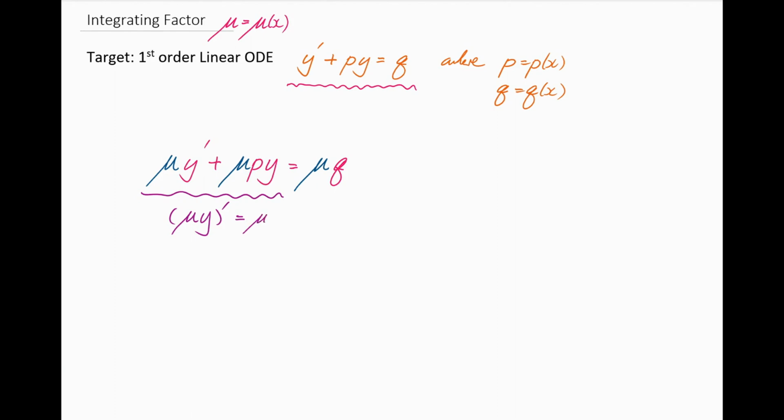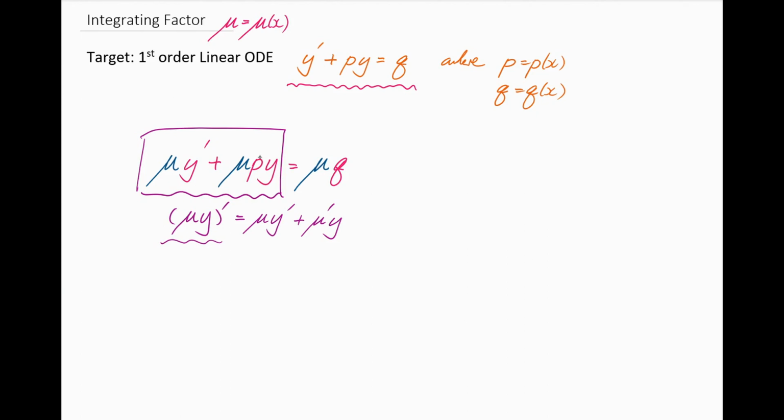We are going to have mu y prime, and then plus, this time I keep y and take differentiation of mu, so I have mu prime y. And the left-hand side, I would like to collectively put it in the form of mu y, the whole thing take differentiation. It is possible because it would facilitate us to find the mu.